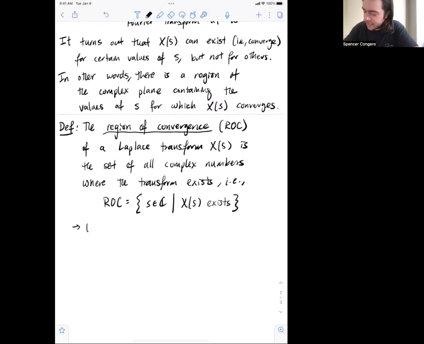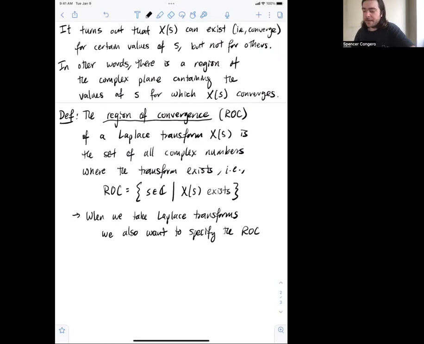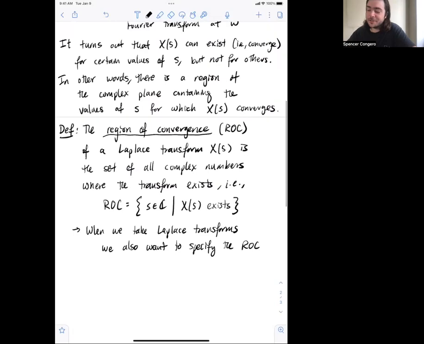And I'll just make a note here that when we take Laplace transforms, we also want to specify the ROC. And as we'll see in a later video, not only do we want to specify the ROC, we actually must specify the ROC, because there can be different functions that have the same Laplace transform.